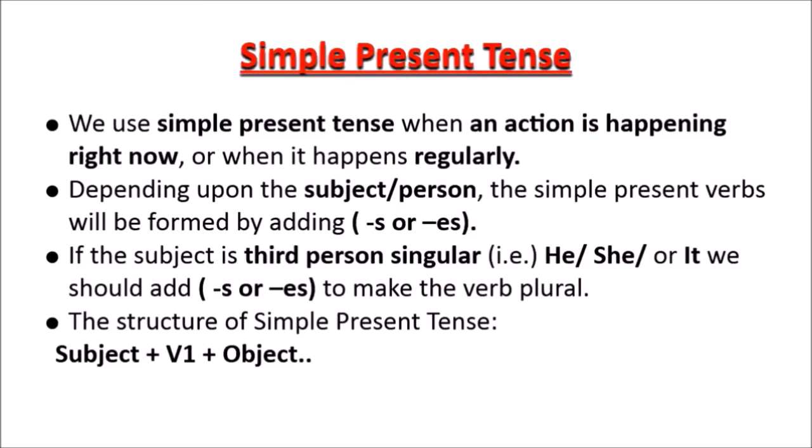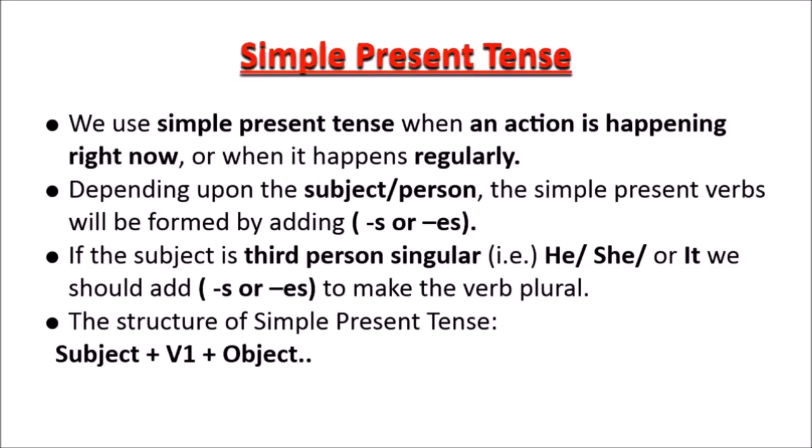We use it to denote an action that is happening in the present, or happening right now, or an action that happens regularly, which means it is a daily routine. So in order to mark all these things, we should write simple present tense. Clear?